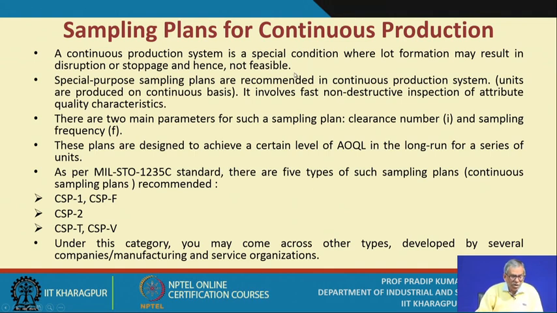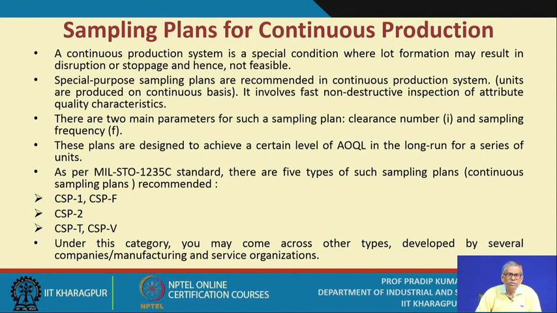Now for continuous production, the standard lot by lot sampling plan is not acceptable, because in a continuous production scenario you cannot form the lot. If you form the lot, there could be disruption or stoppage in the production system.